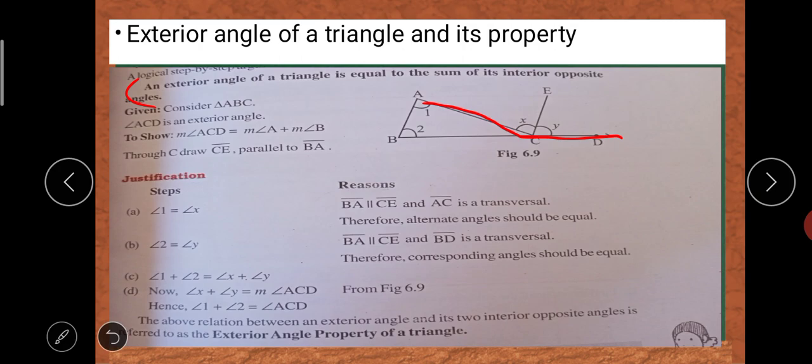From this relation, an exterior angle and its two interior opposite angles are referred to as the exterior angle property of a triangle. This is already given in your book, so let's see it again, the exterior angle of a triangle and its property.